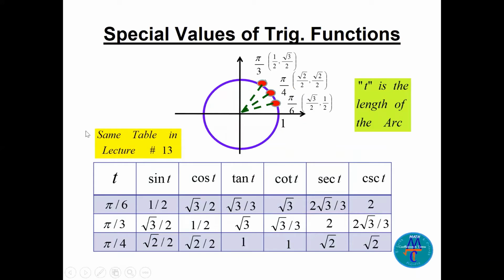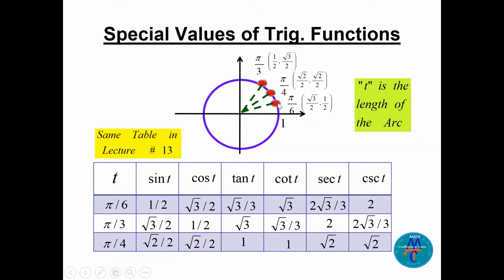Now, just to remind you also, we had in lecture 13 the same table, we have special angles here: pi over 6, which is 30 degrees, pi over 3, which is 60 degrees, pi over 4, which is 45 degrees. So we have to know the sine, cosine, tan, cotan, secant, cosecant for all these special angles. Remember, t is the length of this arc here.